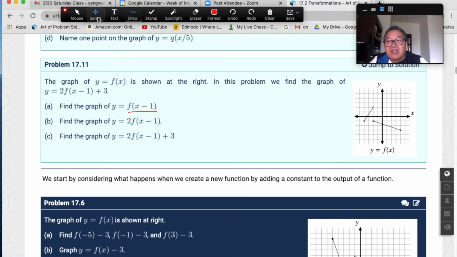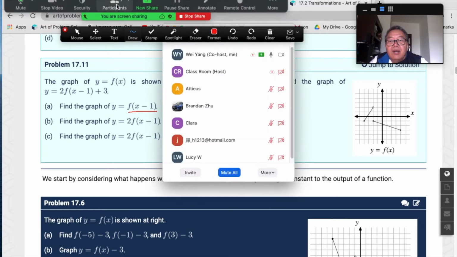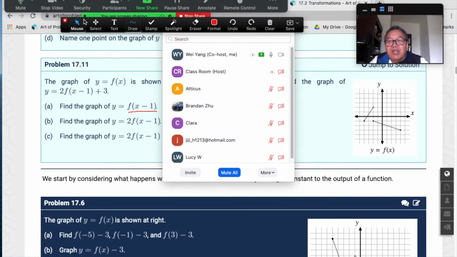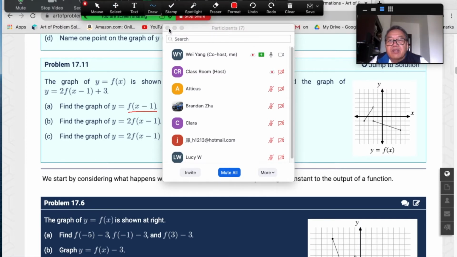Let me ask, can you tell me how we can get the graph of f(x minus 1)?